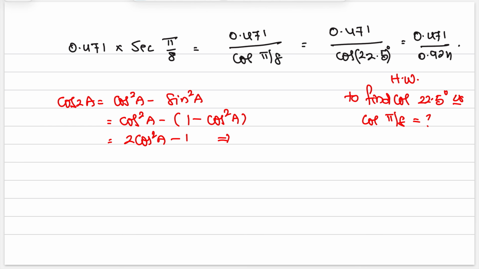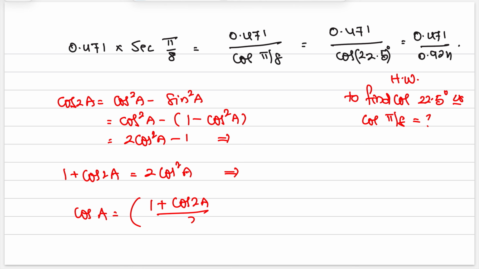That implies 1 plus cos 2a is equal to 2 cos square a. That implies cos a is equal to 1 plus cos 2a by 2 to the power of half.